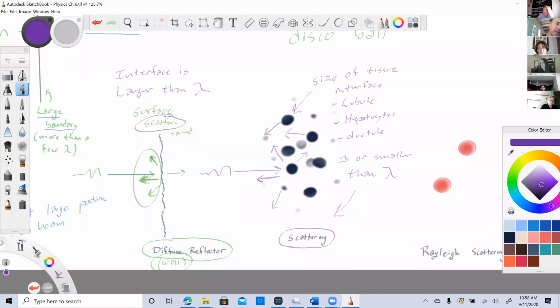The other term for that, for a diffuse reflector, is also backscatter. The only reason it's important to know the term backscatter is that it really refers to this diffuse reflector, because scattering itself refers to the disco ball, or the tissue itself, the microscopic tissue.